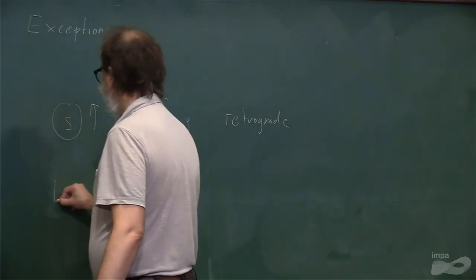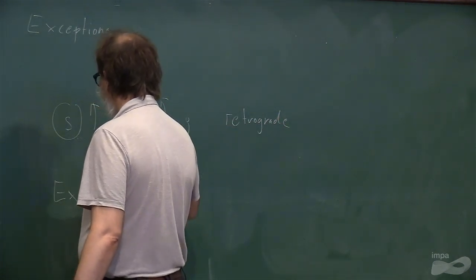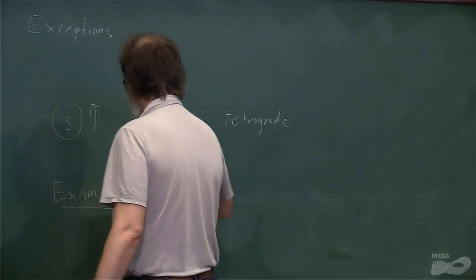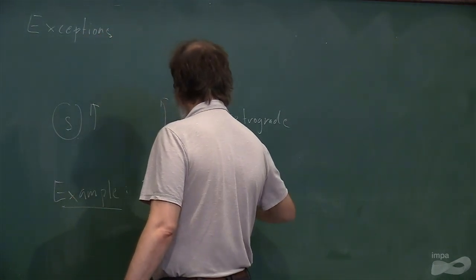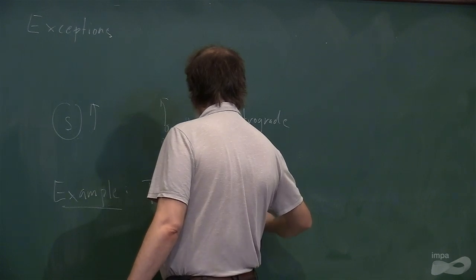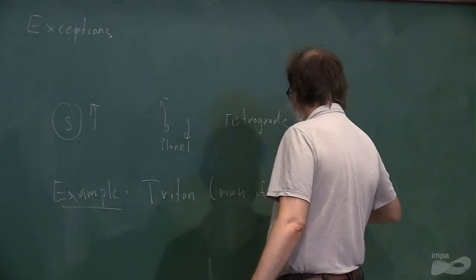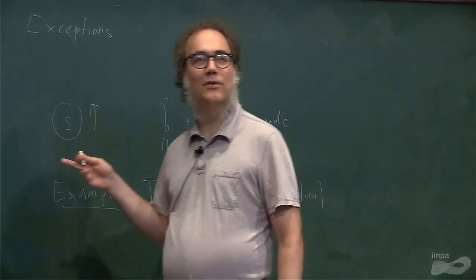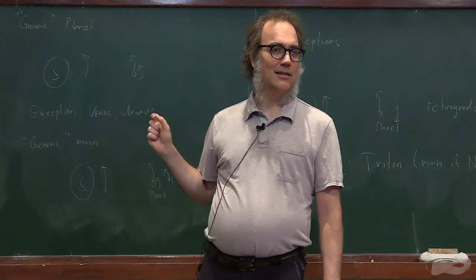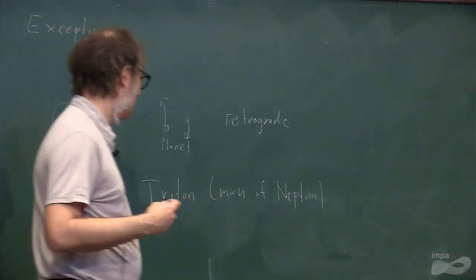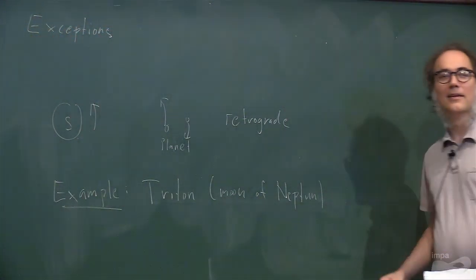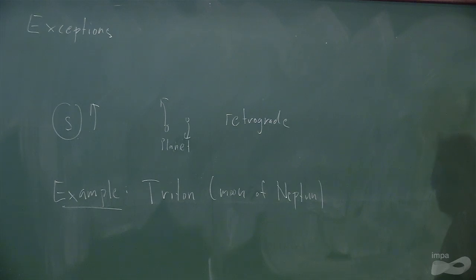And so an example is Triton. It's a moon of Neptune. There are others. Jupiter also has some, but these are usually rather little, tiny moons, whereas Triton is rather big.